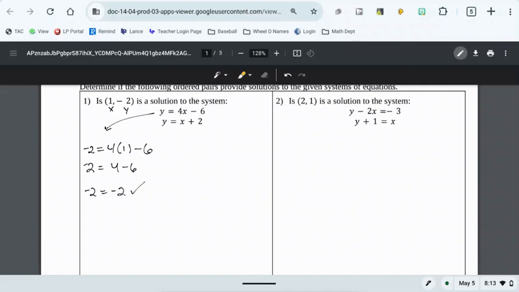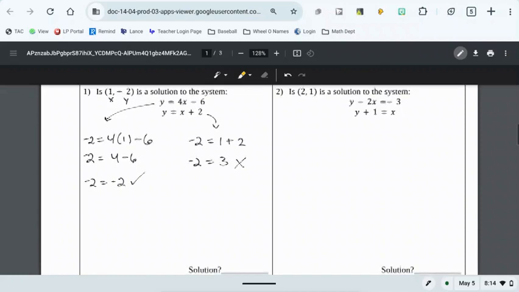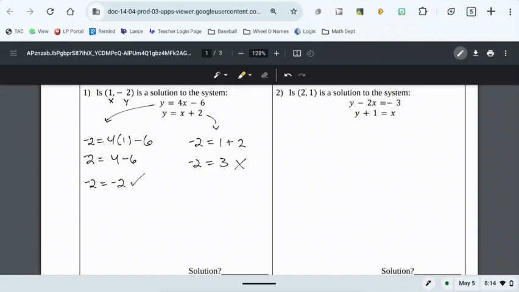So it is true for this first equation. Let's see if it's true for this second equation. Negative 2 is in for y, we have 1 in for x, plus 2. This is not true. So (1, negative 2) is not a solution for this system.